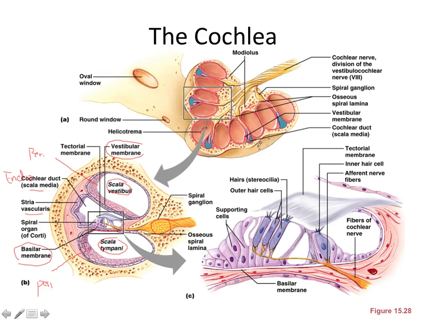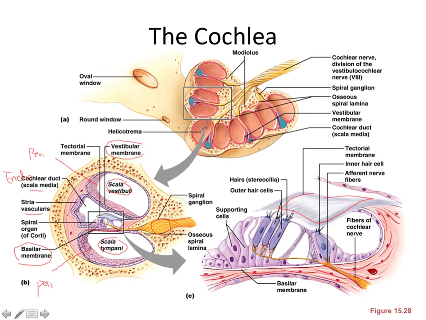Now let's zoom in on the spiral organ of Corti. We can see this membrane, which is called the tectorial membrane. The tectorial membrane is attached to the hair cells.